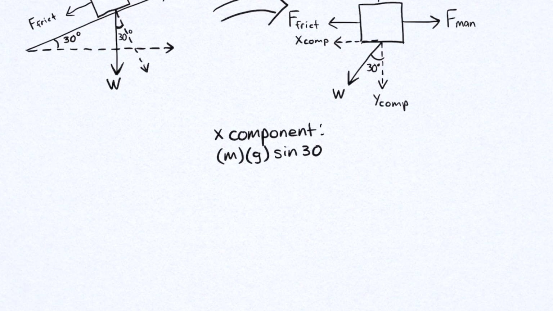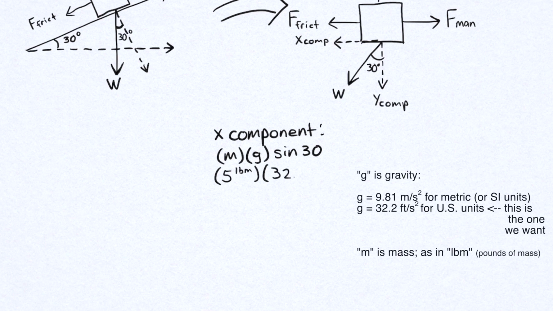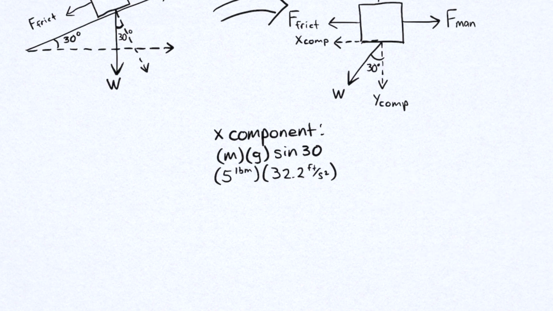So when I plug this in, the mass is 5 pounds of mass, times gravity, which is 32.2 feet per second squared, because we're dealing with American units or English units, and that is the acceleration due to gravity. That's g that we know. And then times sine of 30 degrees.